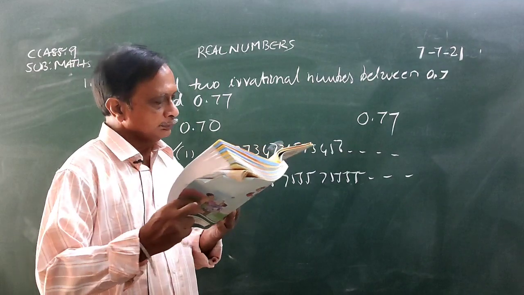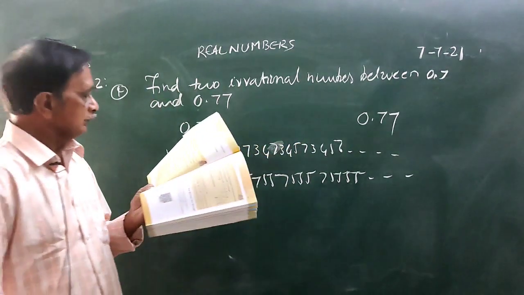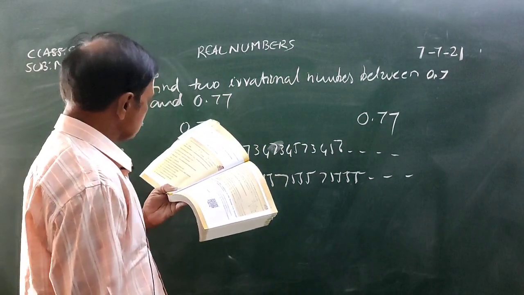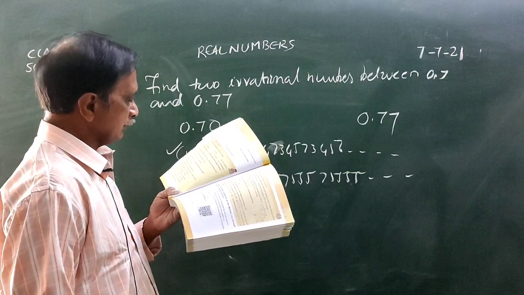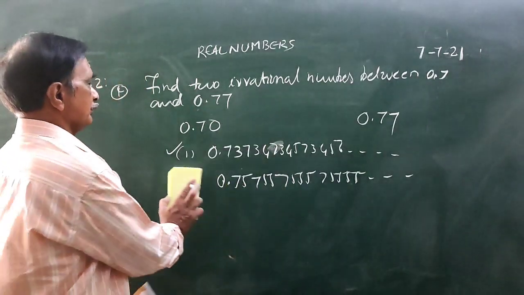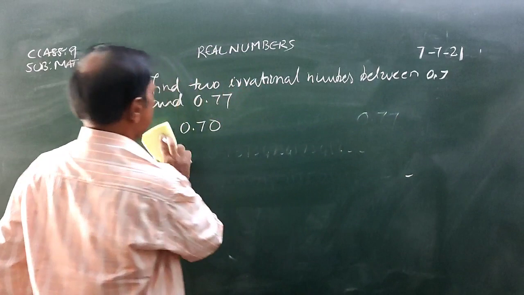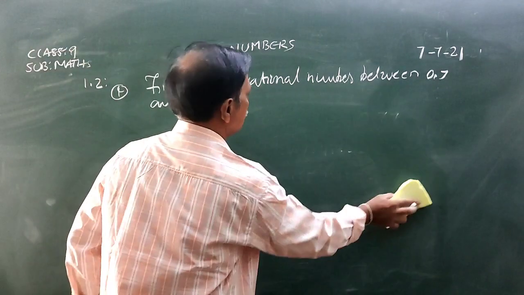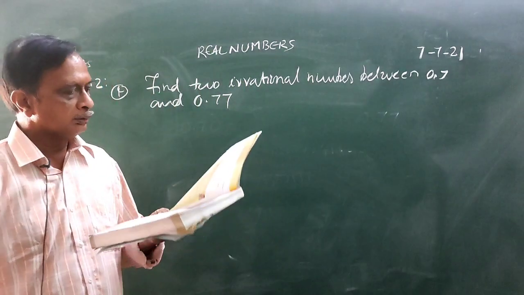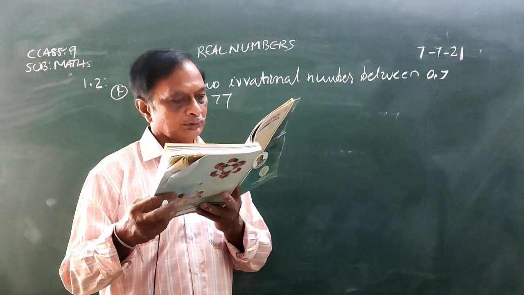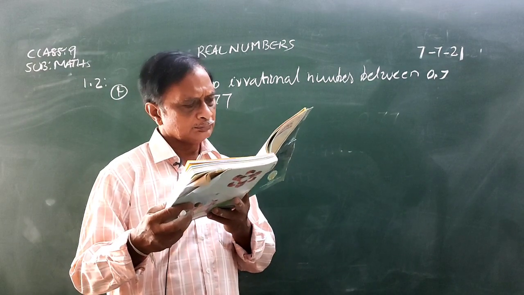Now, fifth problem. Find the value of root 5 up to 3 decimal places.